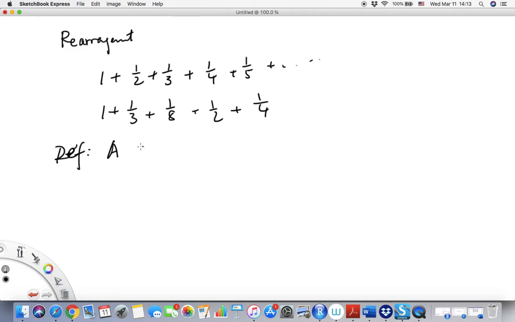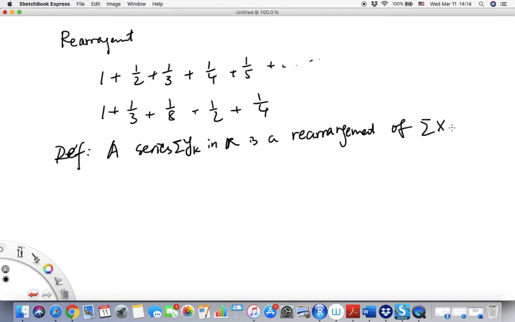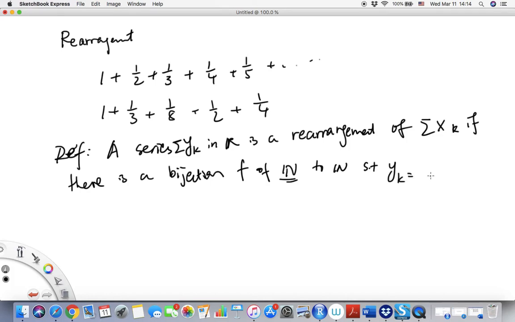And the formal definition: a series sum y_k in R is a rearrangement of some sum x_k if there is a bijection f from N to N, where N denotes the set of natural numbers, such that y_k is equal to x_{f(k)}.